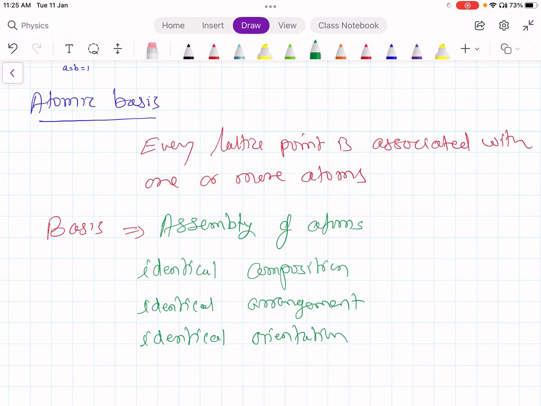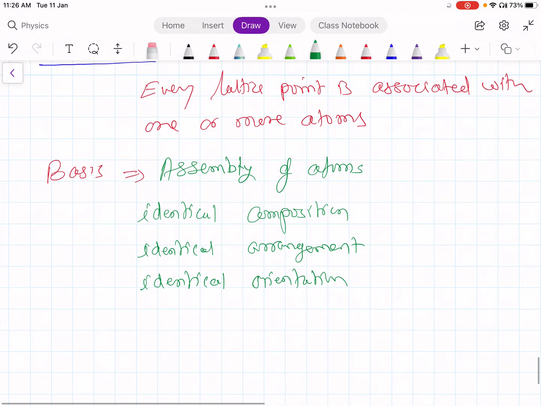If this is correct, then only you will get the actual crystal structure. So basis is an assembly of atoms which is identical in composition, arrangement, and orientation.